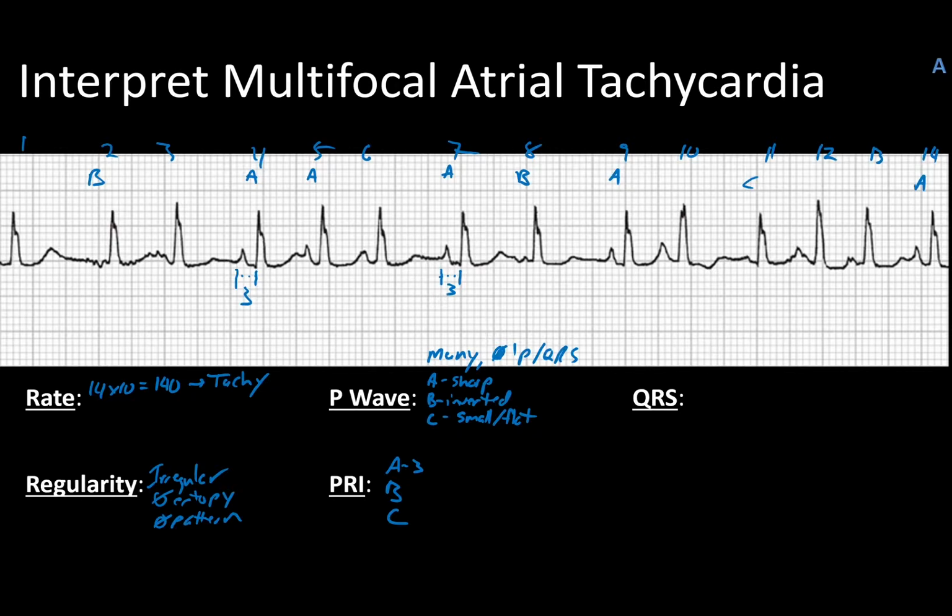We only have a couple options for B, so let's do the clean one first. It's a little hard to tell because it's combined with the T wave, but we can say one, two, three for that as well. And as near as I can tell, if I go three, two, three, that's about where it starts. So I think that's reasonable as well.